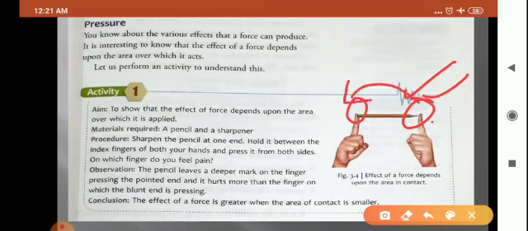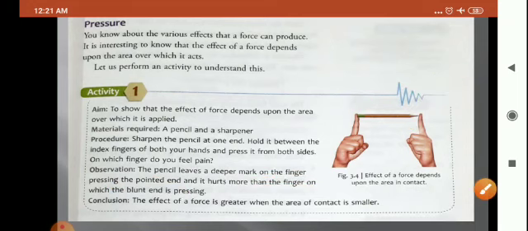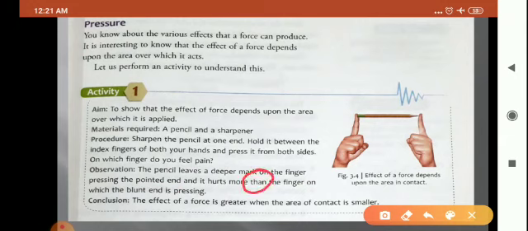Yes or no? Okay. The same observation is given here: the pencil leaves a deeper mark on the finger pressing the pointed end and it hurts more than the finger on which the blunt end is pressing.